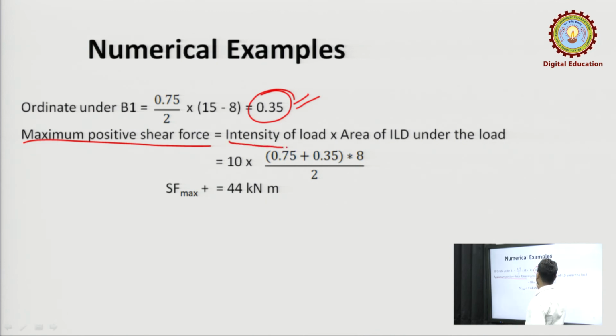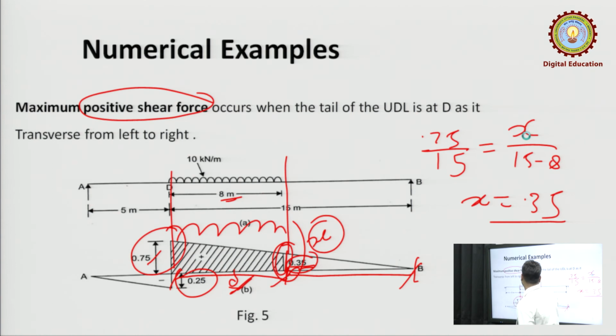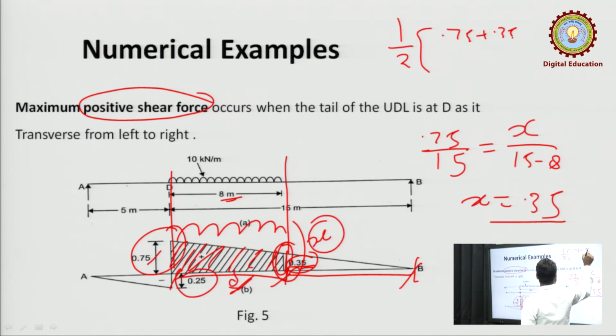The same formula applies here: intensity of load W times the area under the load. This area is trapezoidal, so we use the trapezoidal formula 1 by 2 times 0.75 plus 0.35. This is your total area.